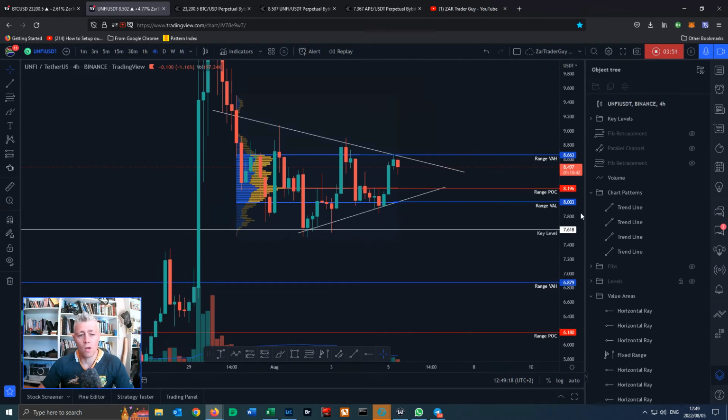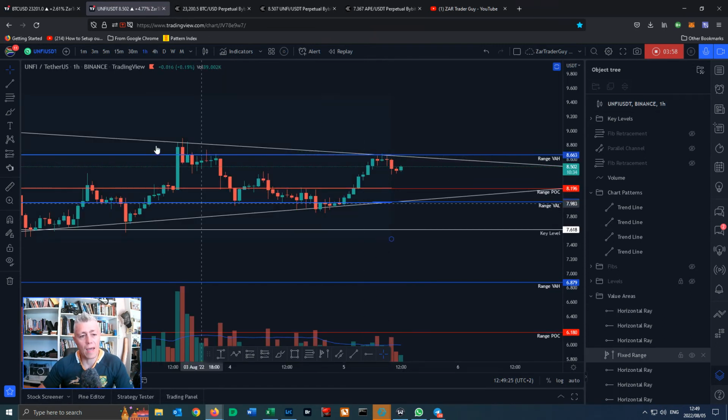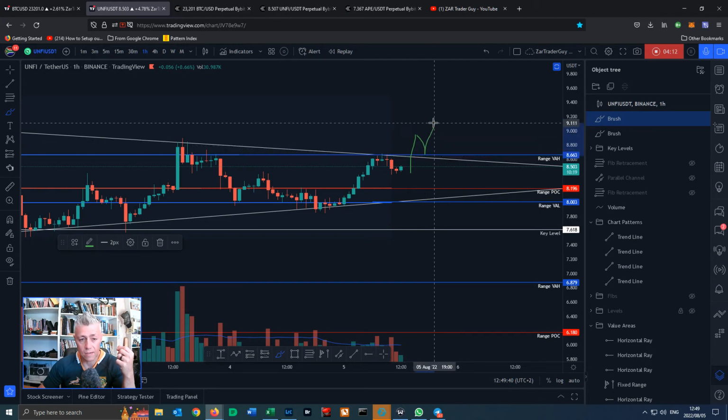So my idea would be to look again for price to come up to that upper trend line and that range value area high, as long as it's testing it as resistance and not breaking out. Obviously, if price gets to this area and it breaks straight through, you've got to be careful. I also wouldn't be taking the long right there until we get a retest.